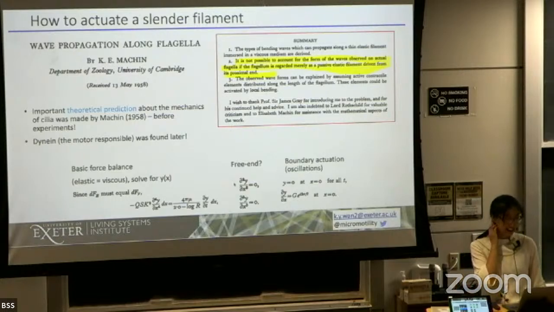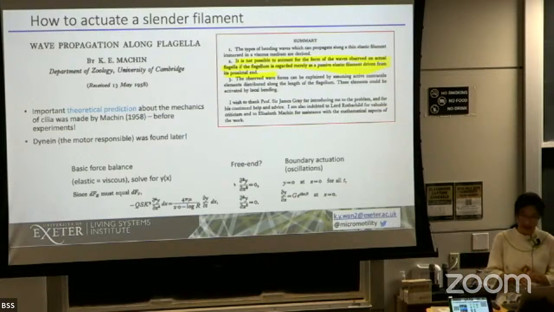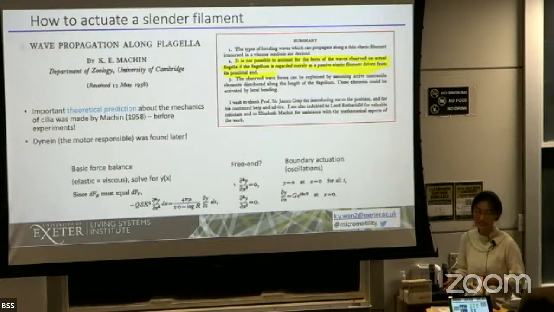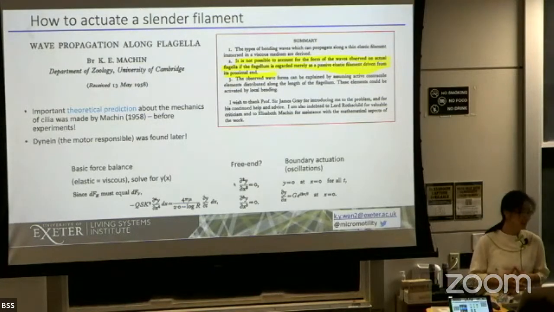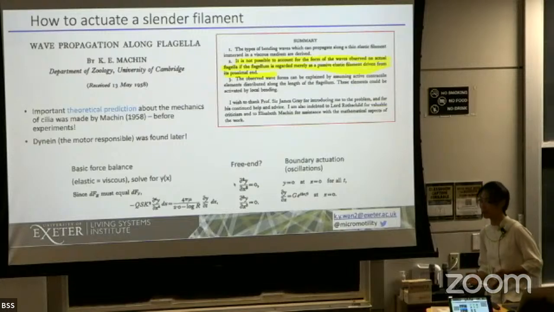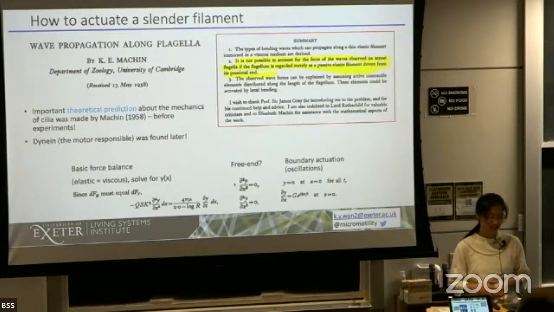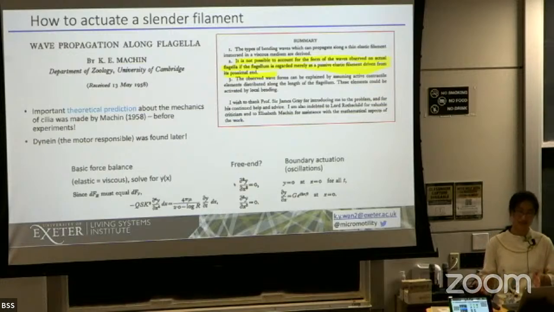So if you imagine a fairly long cilium, for example, a sperm flagellum, you might imagine that the wave, at least from the calculation we did yesterday, retains its amplitude as a function of the length. But is this actually possible to generate with something known as boundary actuation alone? So if you imagine sticking, say, a cilium to the apparatus that is used to propel bacterial flagella, is that even feasible?